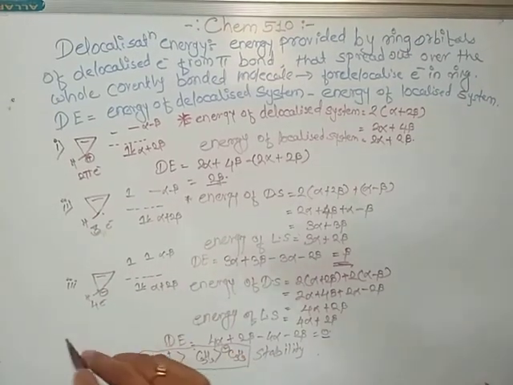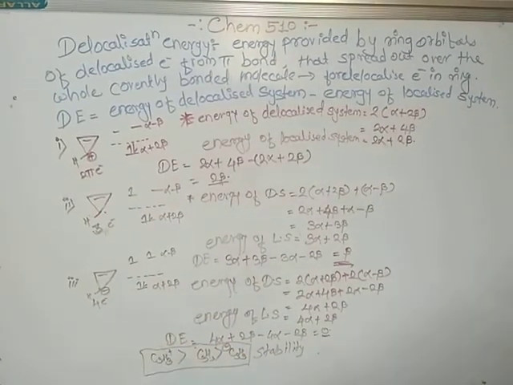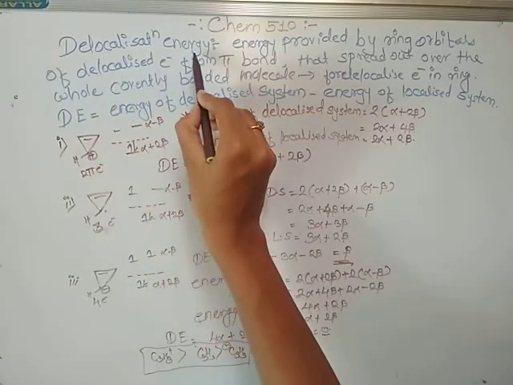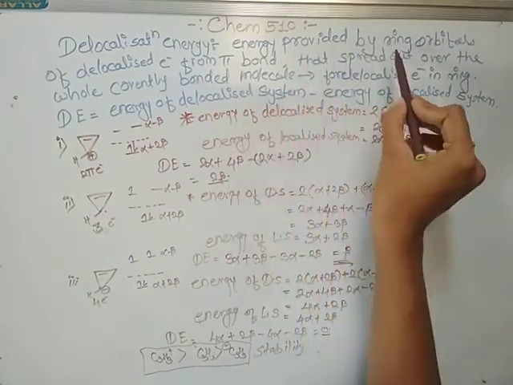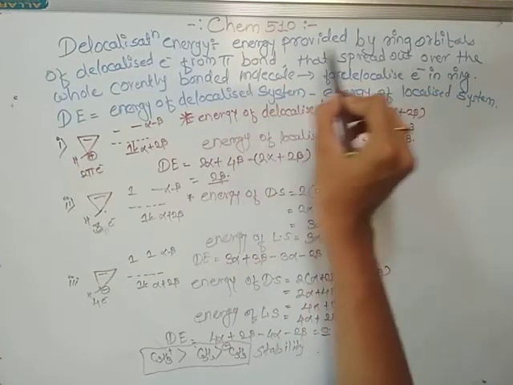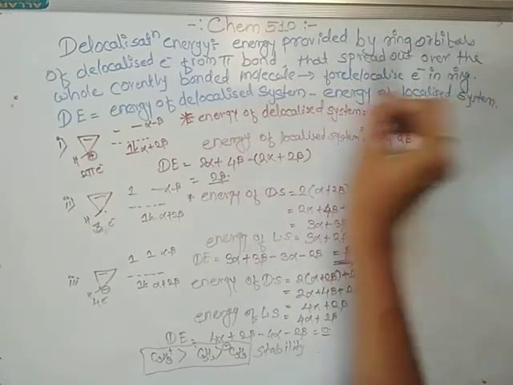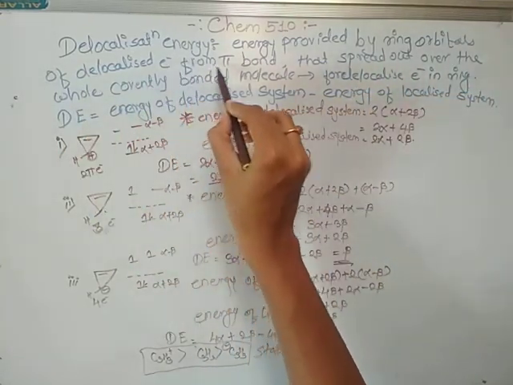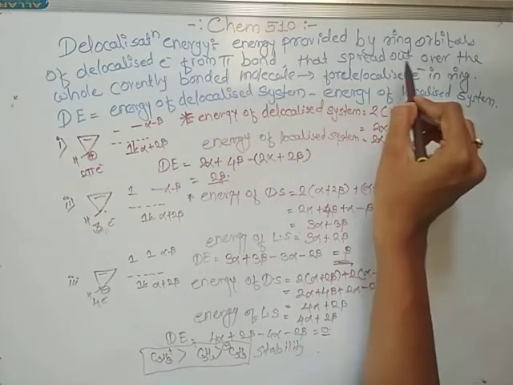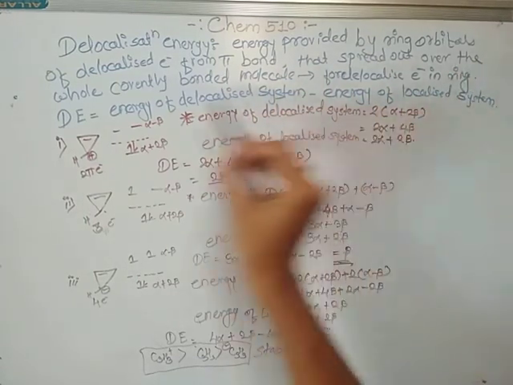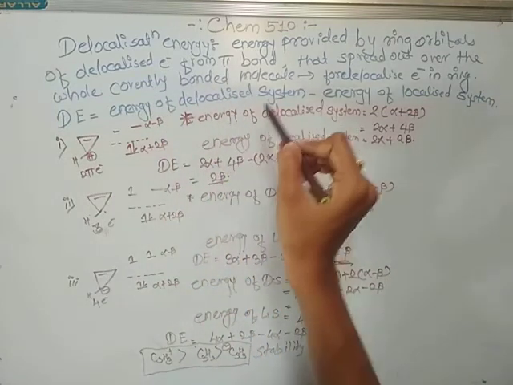So in this video we have discussed what delocalization energy is: extra energy provided by the ring orbitals of delocalized electron from pi bond that spread out over the whole covalently bonded molecule.